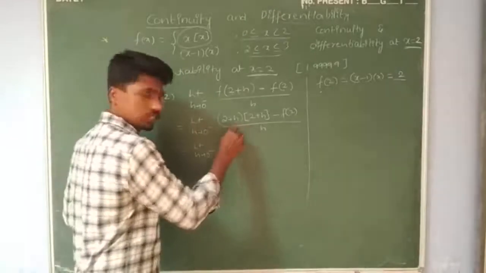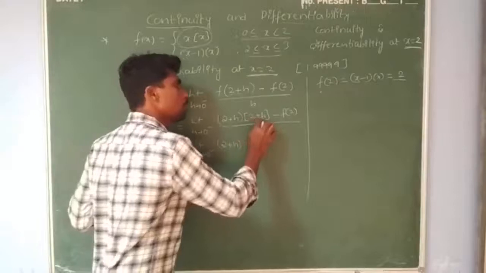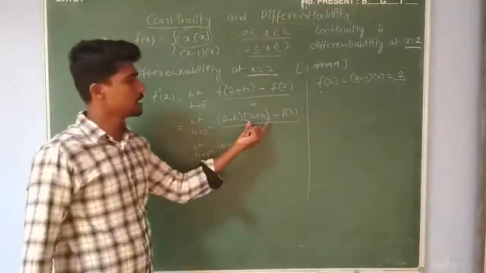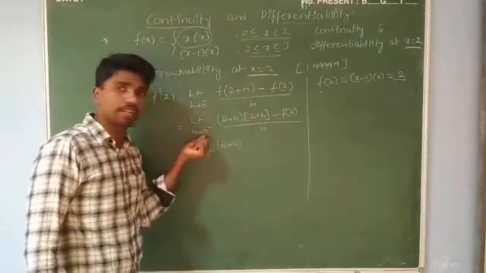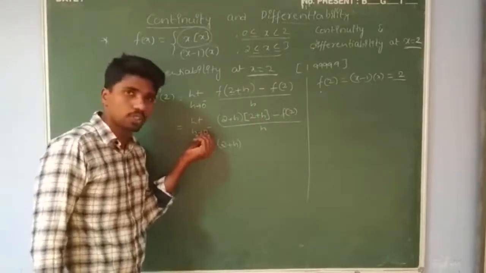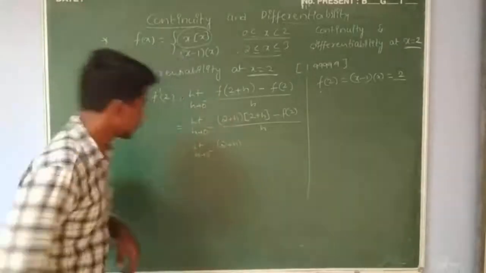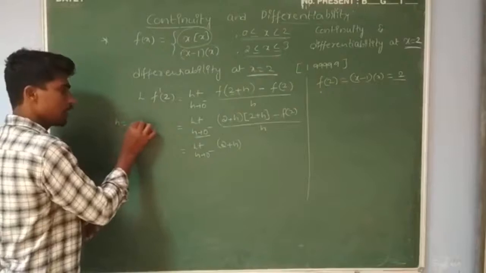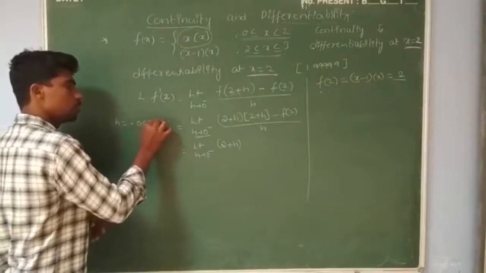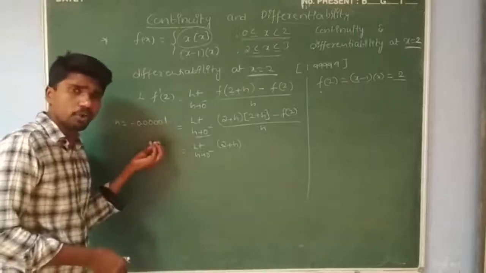Now you find the value, limit h tending to 0 minus. 2 plus h is 2 plus h only. But what about the step of 2 plus h? See, h is in terms of negative, 0 minus, which is slightly minus 0.00001. So what is h according to 0 minus? The value of h is minus 0.00001. It can be taken as a still smaller value also.